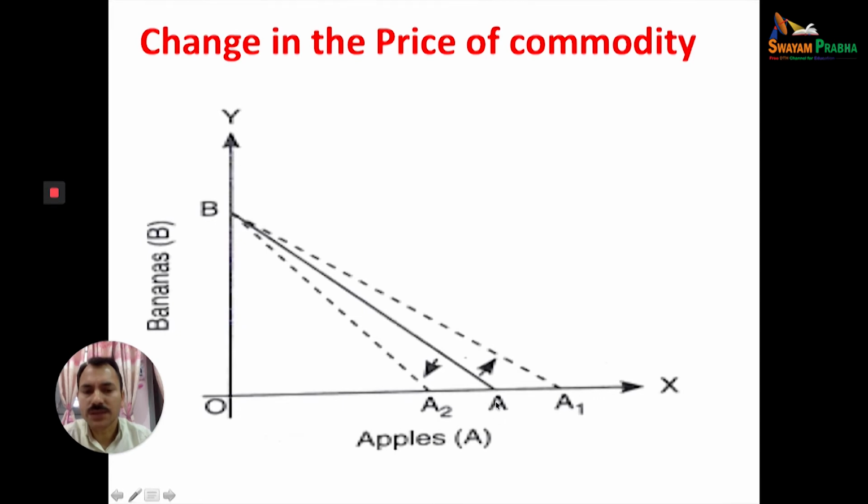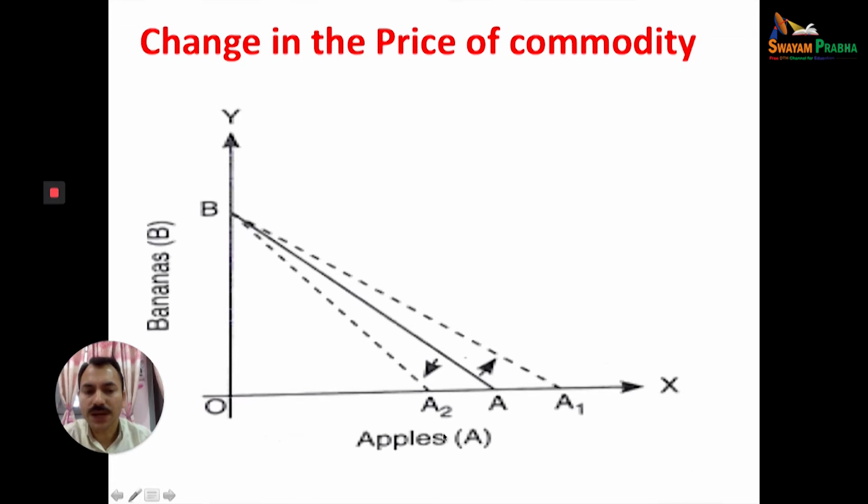Then the budget line will shift from A to A1. Now why will this shift to the right-hand side, A to A1? Because the price of apple will reduce. Earlier the consumer was purchasing OA commodity, but when the price reduces, the fundamental law of economics, the law of demand, says higher the price, lower the demand, and lower the price, higher will be the demand.